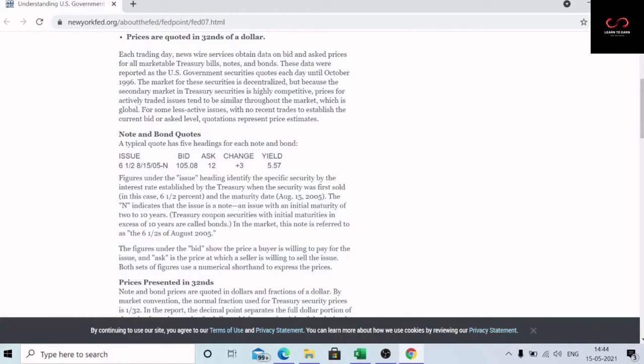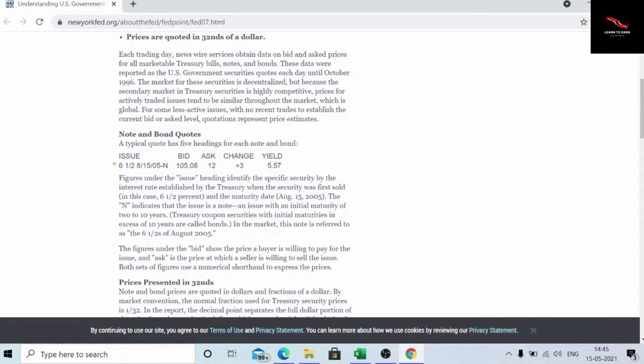So let's go a little down, and here you can see a typical quote of a US security. Here the issue is given, meaning what is the security which is being quoted.